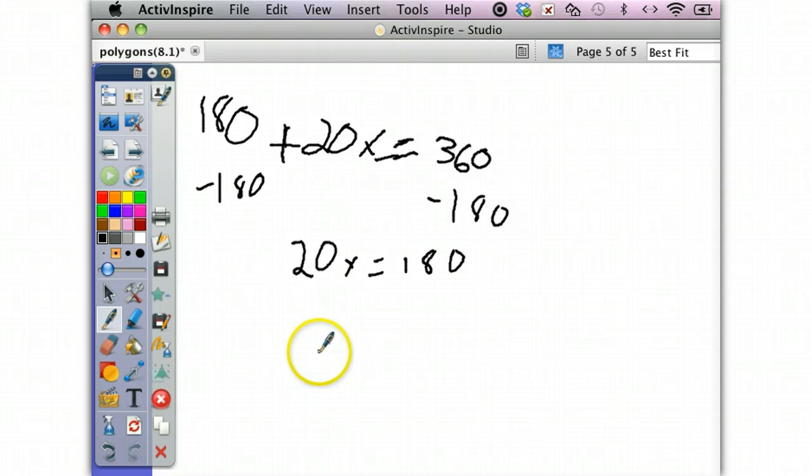And then the last step now, Austin, we're going to do what? No, it's not subtract. Divide. Divide by 20. Go ahead, Grant. Divide by 20.